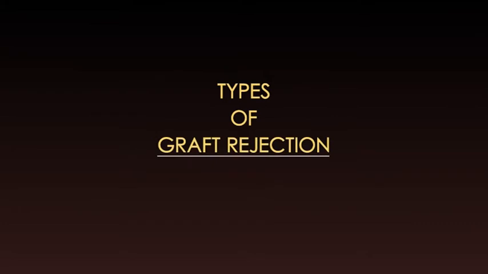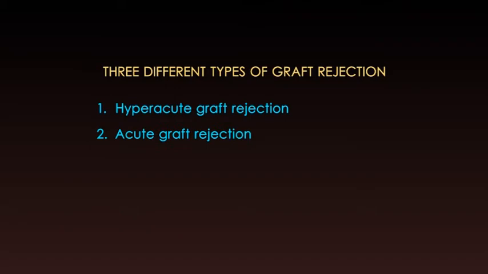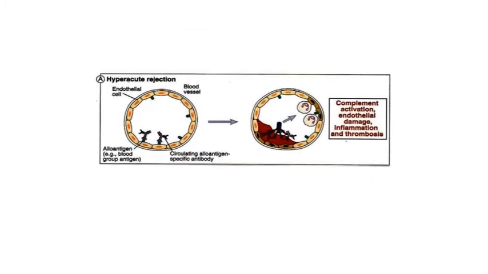Types of graft rejection. Graft rejection could be of three different types: hyperacute graft rejection, acute graft rejection, and chronic graft rejection. Hyperacute graft rejection occurs within 24 hours of transplantation.